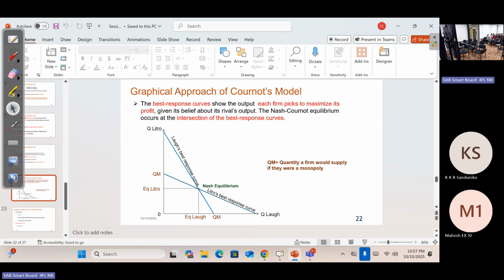The product could be differentiated. Demand is comparatively elastic because there are close substitutes for the product. For the oligopoly, we already discussed. So these are the features.